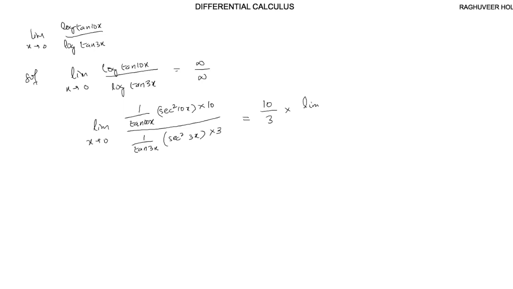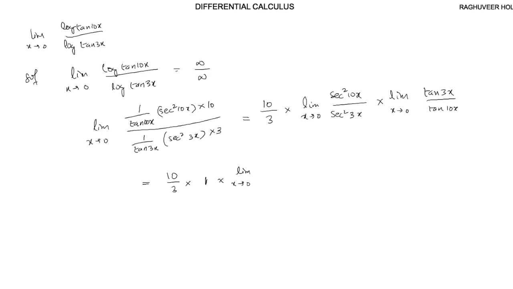Okay, so we separate it now. 10 by 3, which is a constant, multiplied by the limit. Now we'll take secant together, so secant square 10x by secant square 3x as x tends to 0, multiplied by the limit as x tends to 0 of tan 3x by tan 10x, right.